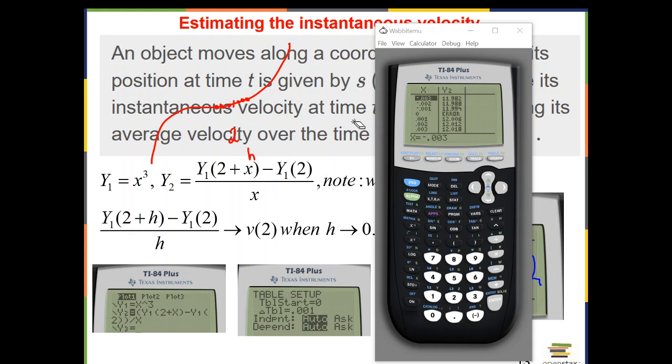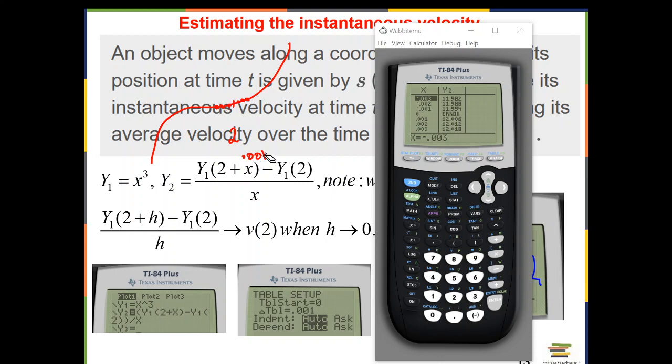Now, when h is 0, it means that we're at 2, and you can't have that because if x is 0 in the denominator, you get an error. So you cannot find a slope when x is 0. That's an error.